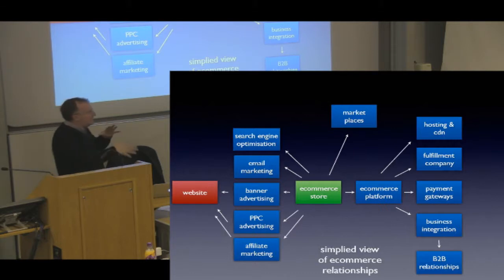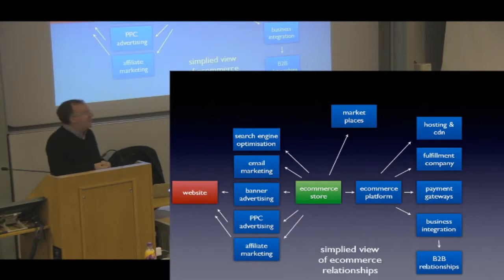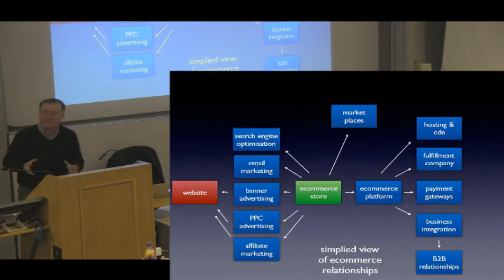And so these relationships are all different. When you're looking at potentially working in this area, you're going to need to think about which part of this you're going to work with and what you're going to do. I put this website in red because that's not the brand's website or the company's website. That's another website.